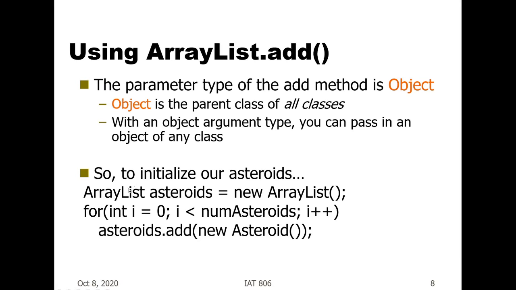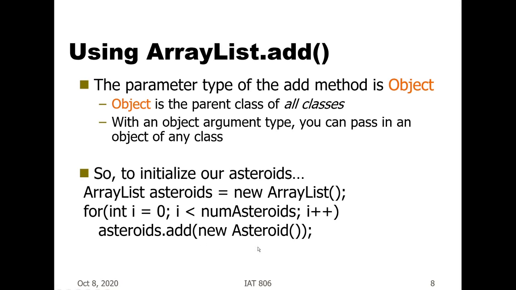So to initialize our asteroids, here we have an ArrayList named asteroids. The type of asteroids is ArrayList, and then we're constructing an ArrayList. We can simply construct it without any arguments in its constructor, and we'll get a default size ArrayList. And then what we're doing here is iterating through the number of asteroids that we plan to have, and doing asteroids.add(new Asteroid).